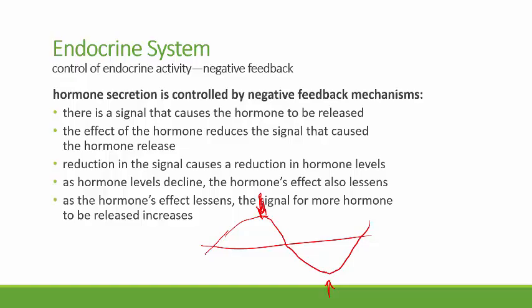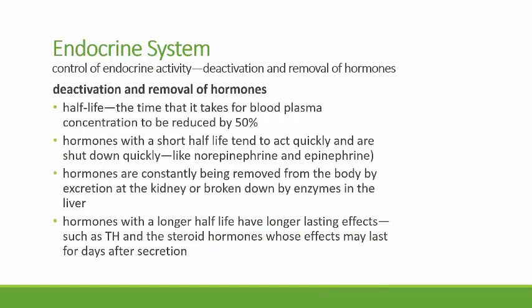So how do we get rid of the hormone that's been released? Well, there are lots of ways. We can break it down at the liver, or excrete it at the kidney. Those are big ways that we do it. And so we can talk about half-lives for hormones.